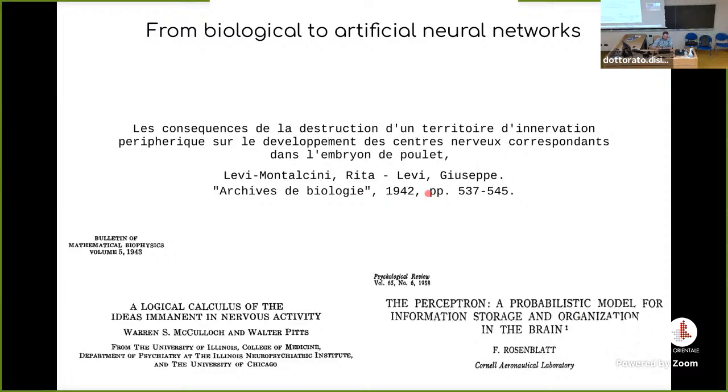At the same time as the biology started to produce models of the interconnection of the neurons, psychologists and mathematicians started to pick up this idea, the fact that you could design algorithms and create schematics mimicking the actual functioning of the neurons. You could create mathematical functions to both store information or obtain responses.